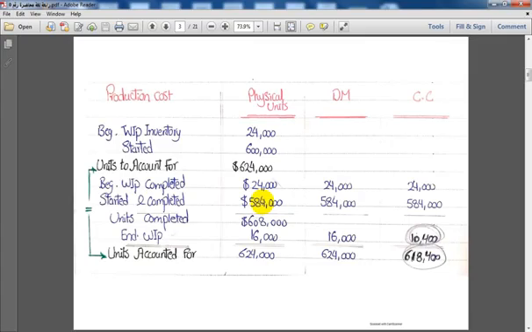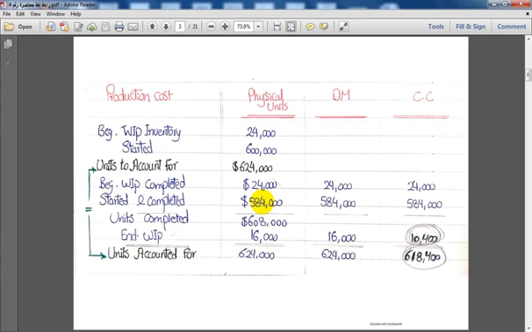So the required number A determines the total number of units to account for, 624,000. Number B determines the equivalent units of production for direct material, and number C the same for direct labor and conversion cost.